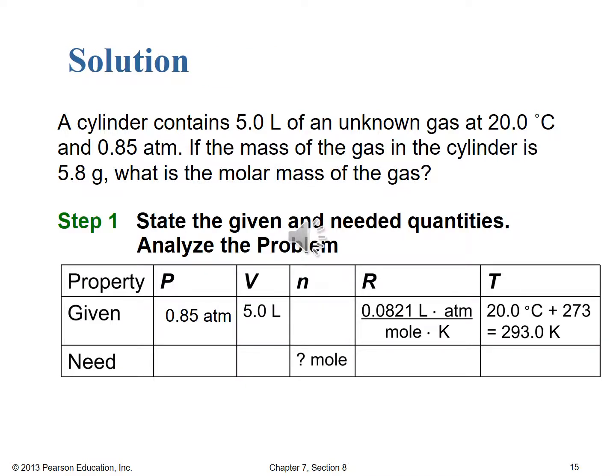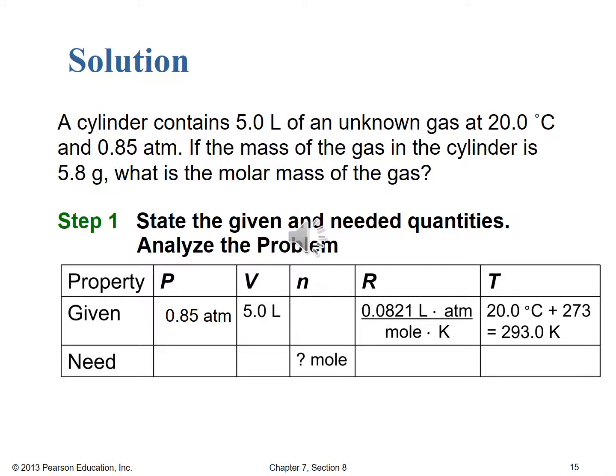Okay, so like we always do, we'll start with analyzing the problem, and we see that we're given the volume as 5.0 liters. We're given pressure as 0.85 atmospheres. We're given temperature in Celsius, which we need to add 273 to convert to Kelvin, and we do that to find 293.0 K as our Kelvin temperature.